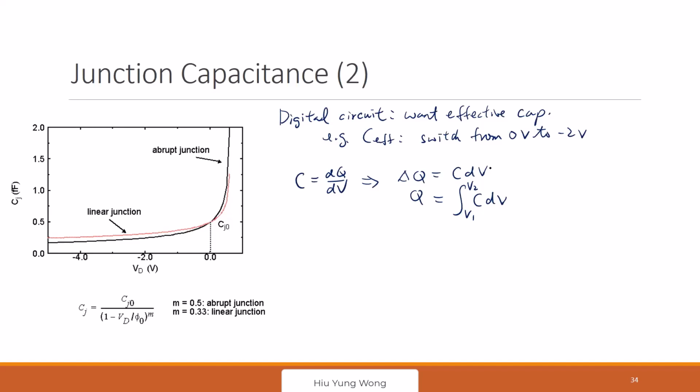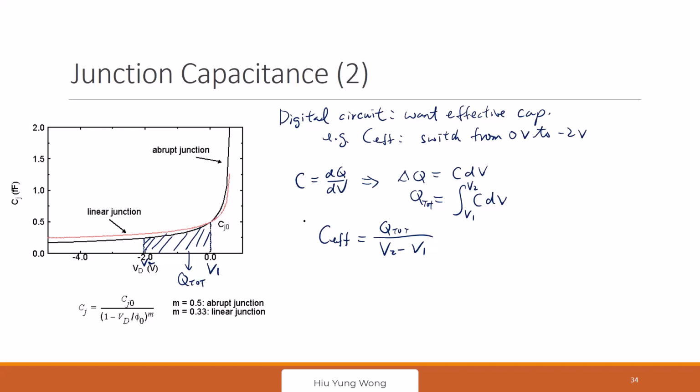And then the effective capacitance is Q total divided by V2 minus V1. For example, this is V1 and this is V2. Then this part is Q total.